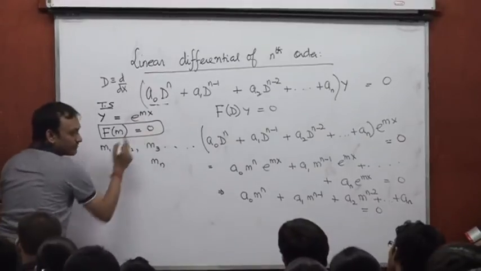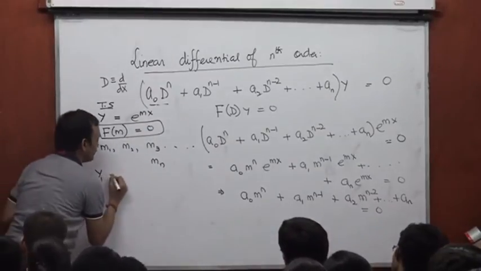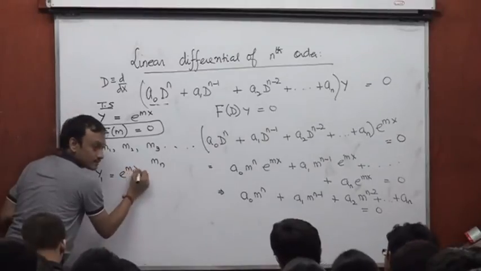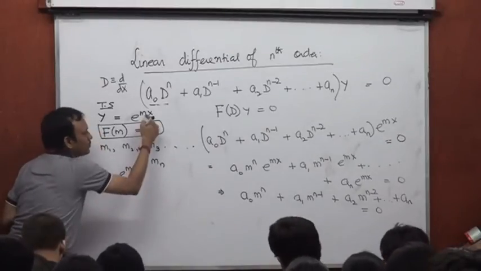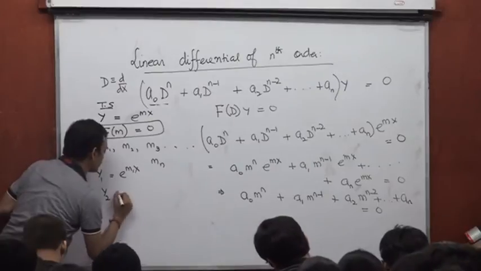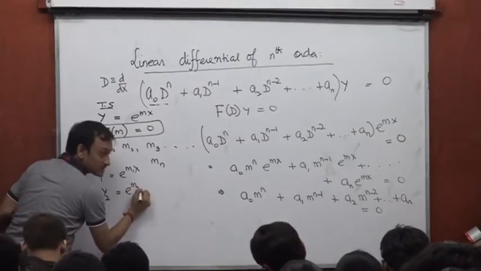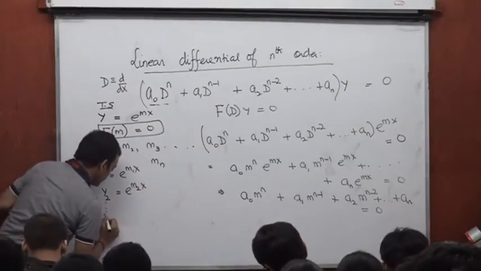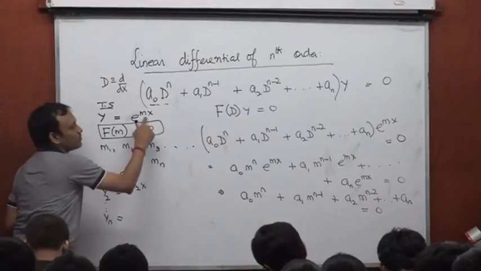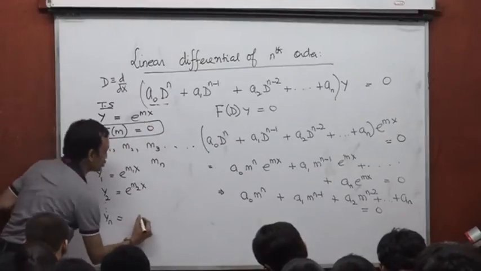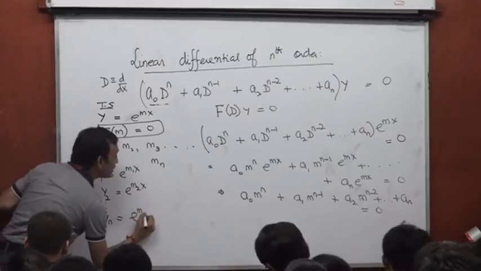If you put m = m1, I have a solution y1 = e^(m1x). If you put m = m2, I have another solution, e^(m2x). If you put m = mn, I have yet another solution, e^(mnx).